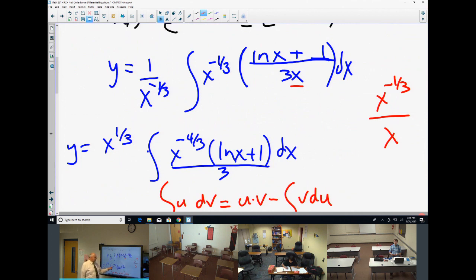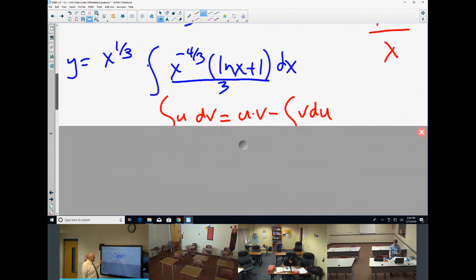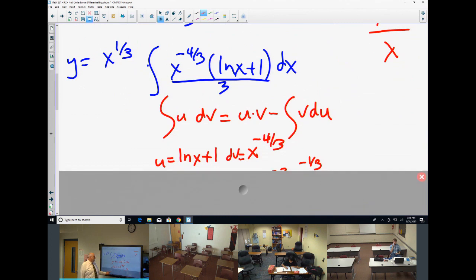So now to integrate this, I'm going to do integration by parts and say, okay, let's let u be ln of x plus 1, dv is negative 4/3 x. The 1/3 I'm going to just pull out front. Now, why did I select it that way? Well, because it's easier to take the derivative of this than the integral.